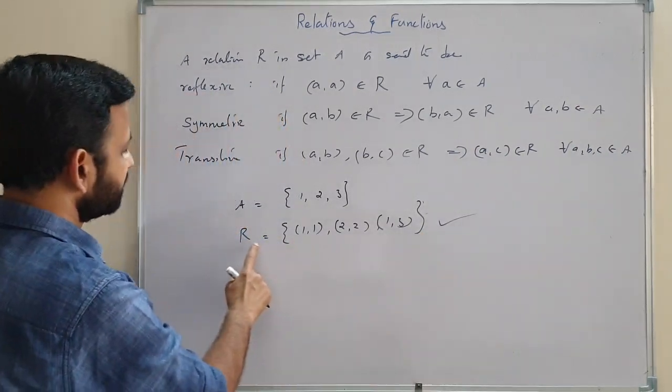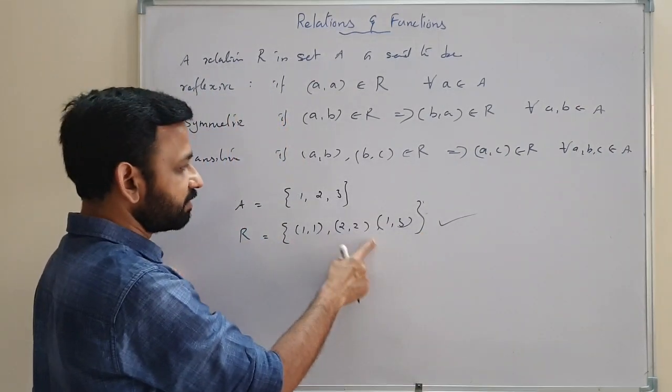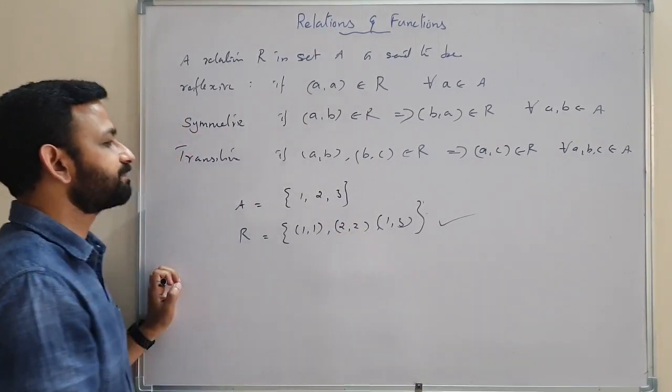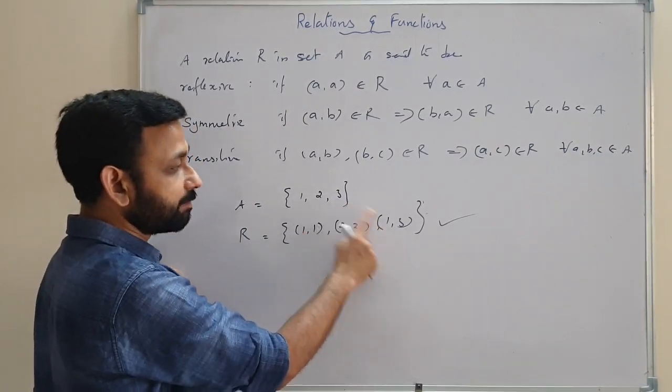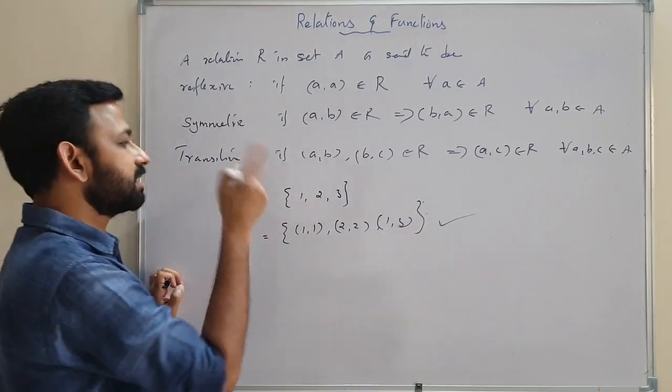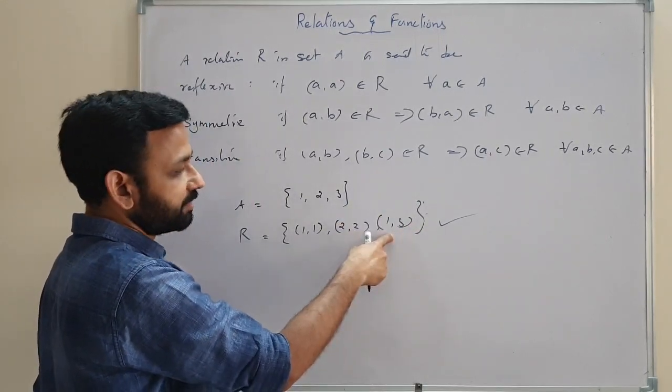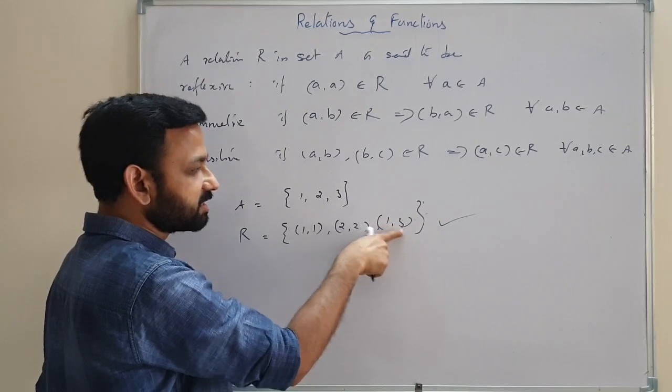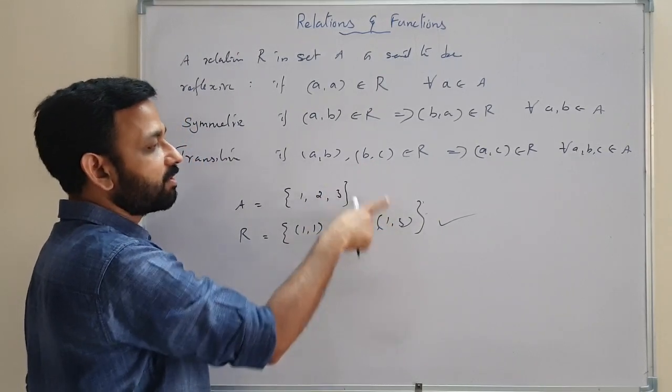So this relation is not reflexive because the ordered pair (3, 3) is not there, and this relation is not symmetric because (1, 3) is there but (3, 1) is not there. But this relation is transitive because we have the first pair, but the second pair starting with 3 we don't have.